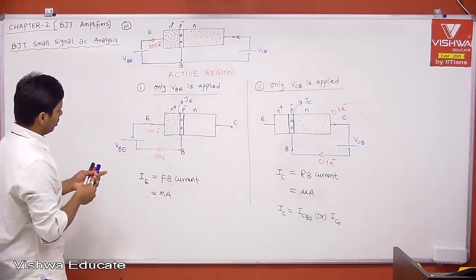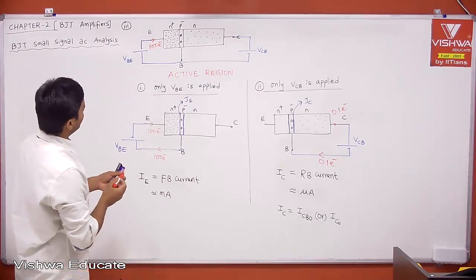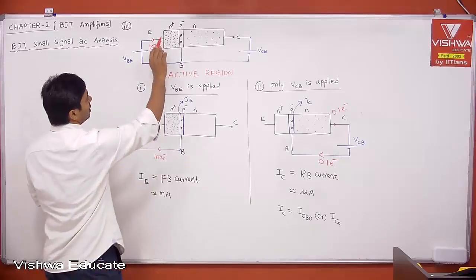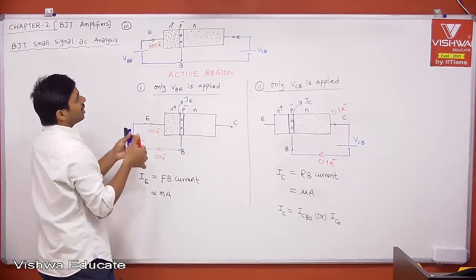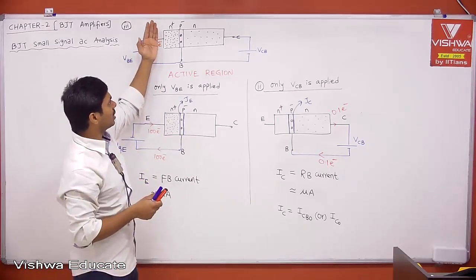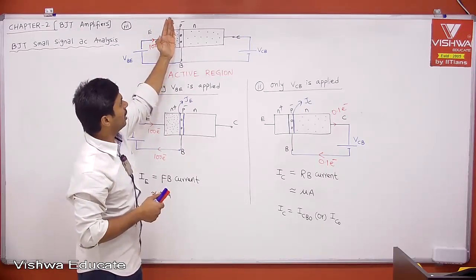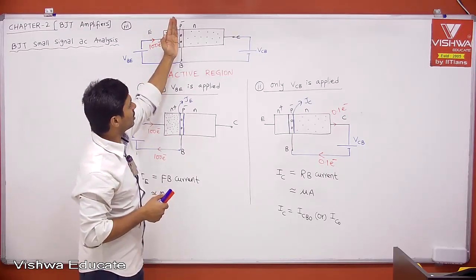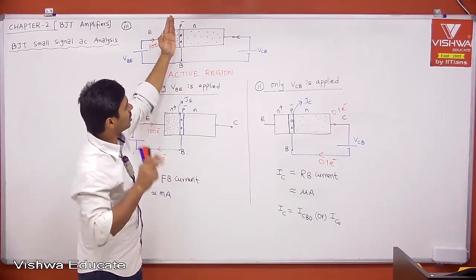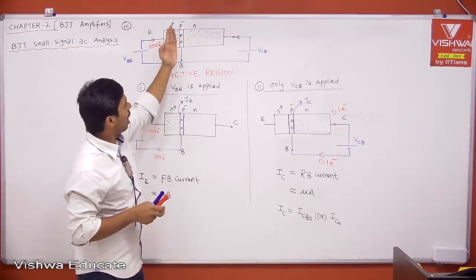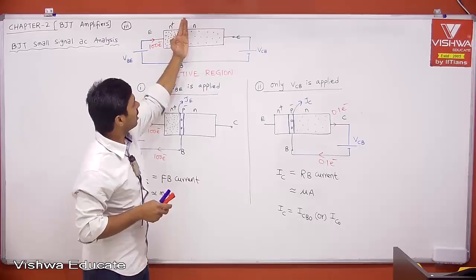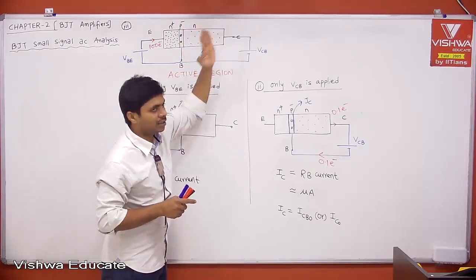Now, if 100 electrons are entering into the emitter, just listen, this is very important. They are moving through the drift component, now entering into the base. When they enter the base, they have two options: either come out of the base, or enter into the collector and then come out of the collector.